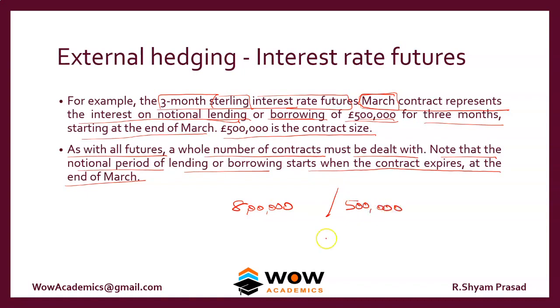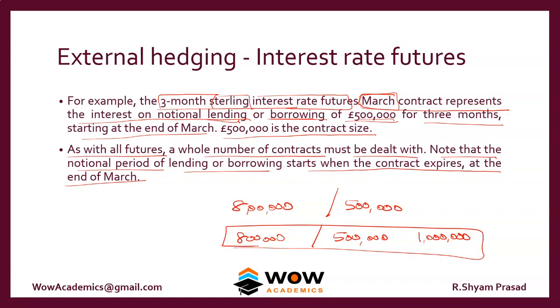So the problem is, you can either buy one contract for 500,000, or you can take another contract for 1 million, but you can never take a contract for 800,000. So that is a problem with futures, because if you take a 500,000 contract, you cannot hedge the balance 300,000. If you take a 1 million hedge, then you are over hedging your position by 200,000. So there is always an under or over hedging problem with interest rate futures.